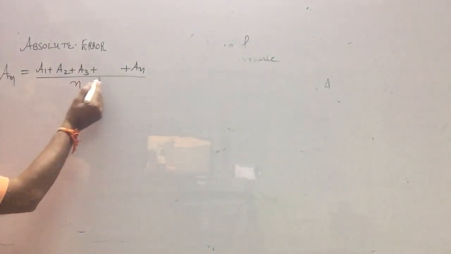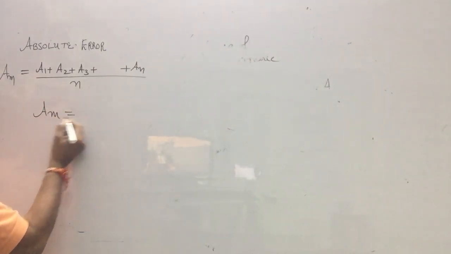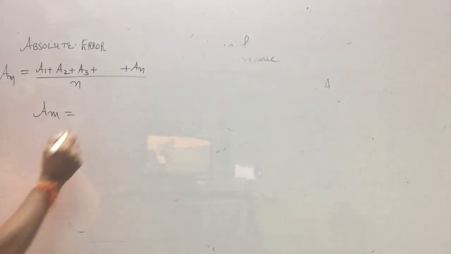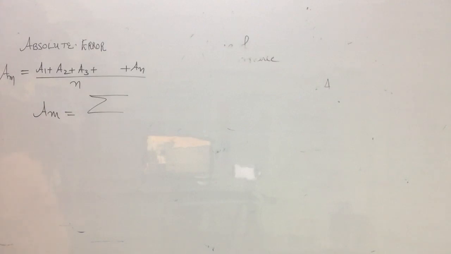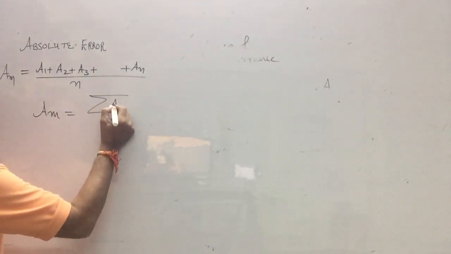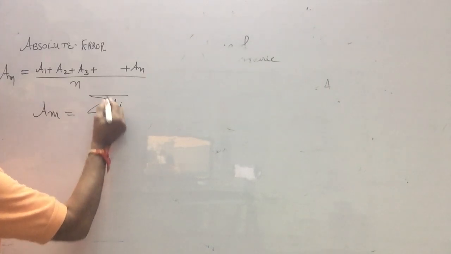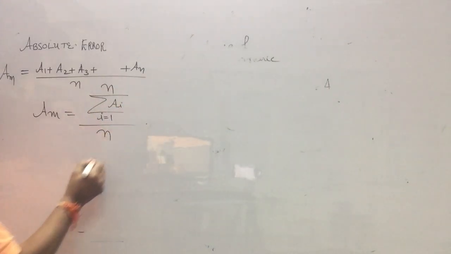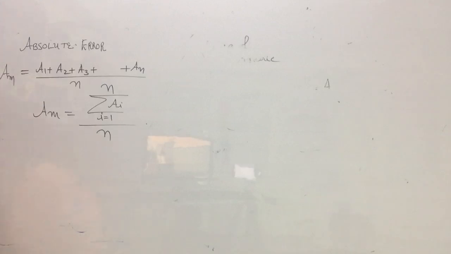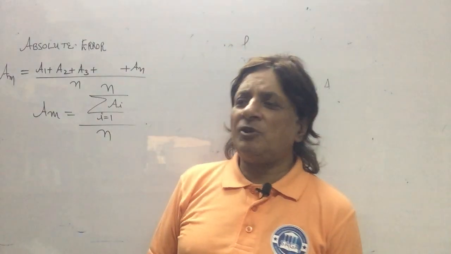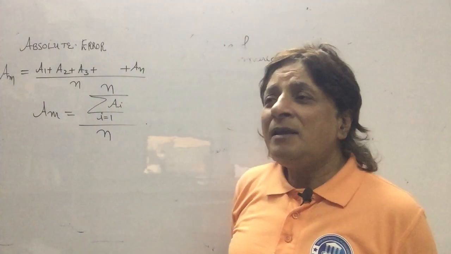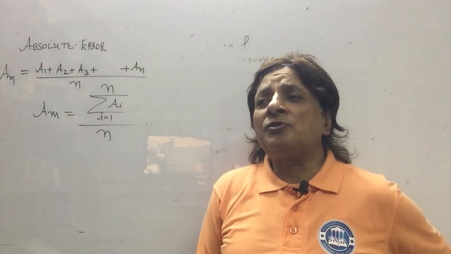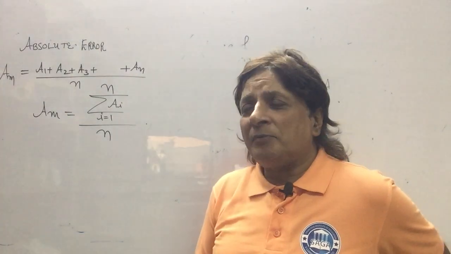AM is equal to (a1 + a2 + a3 and so on to an) divided by n. This AM can also be written as the summation of ai, i equal to 1 to n, divided by n.